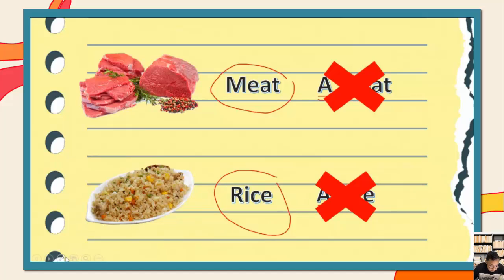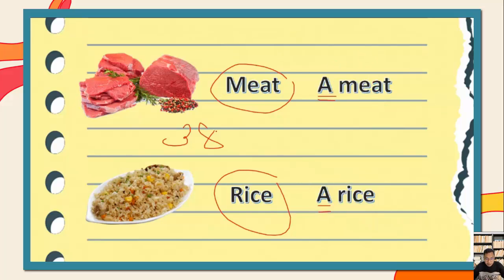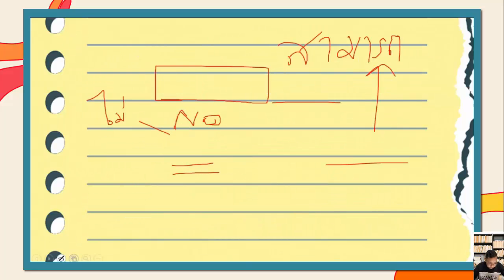On your page number 38, let's do question number 1 to number 5. Okay? Number 1, picture.